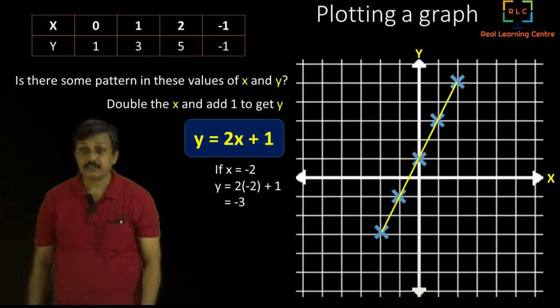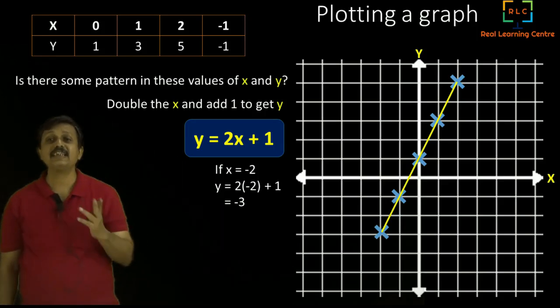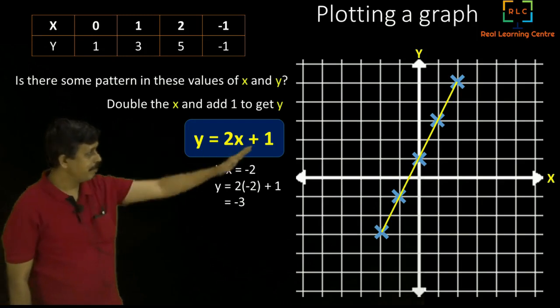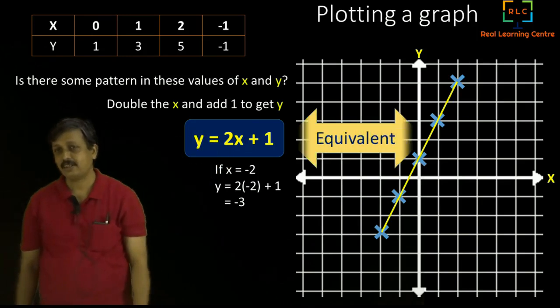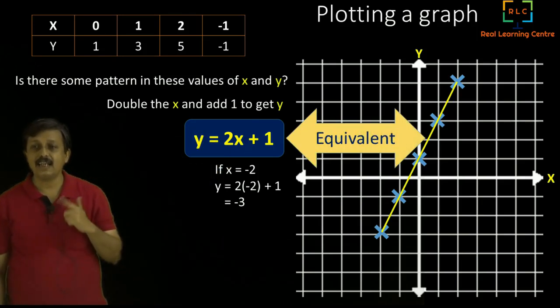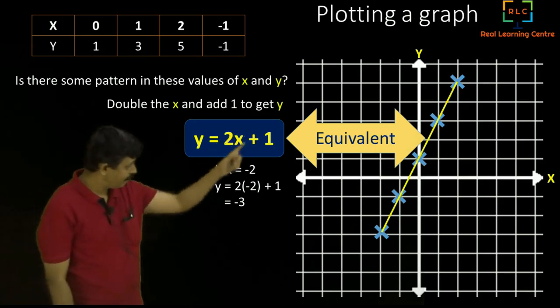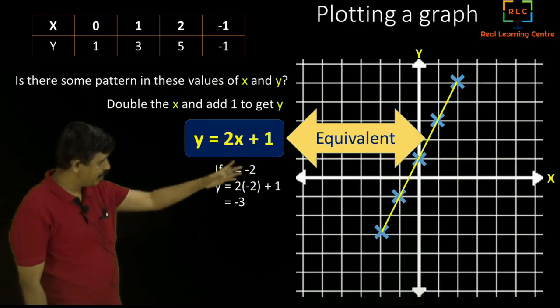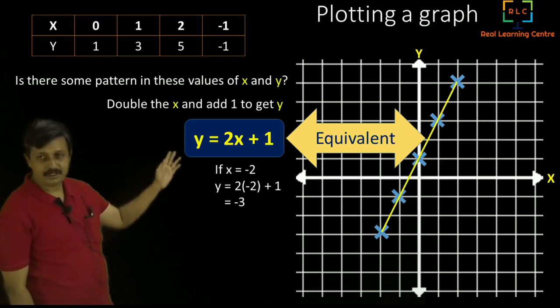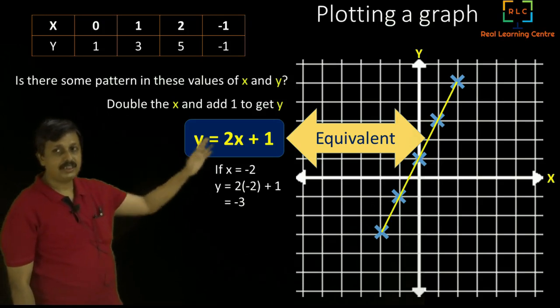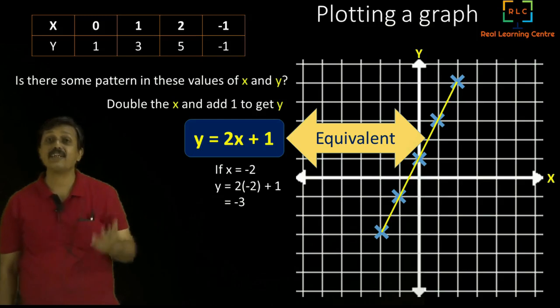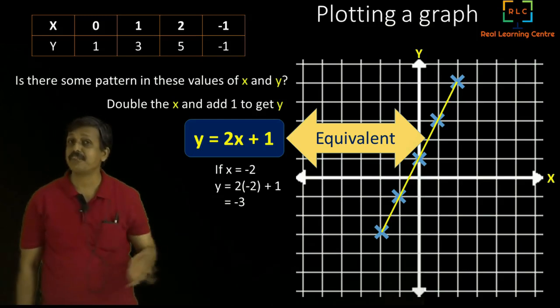Once you see that this graph has a relationship with this equation, we say the graph, the line, is equivalent to this equation. The equation and the graph are both equivalent. They are saying the same thing.